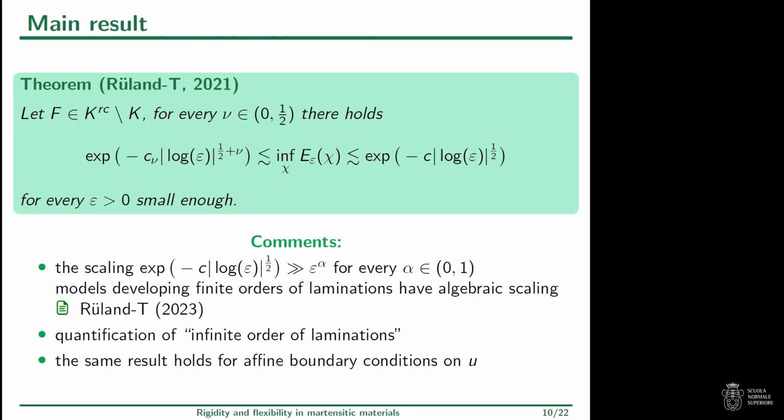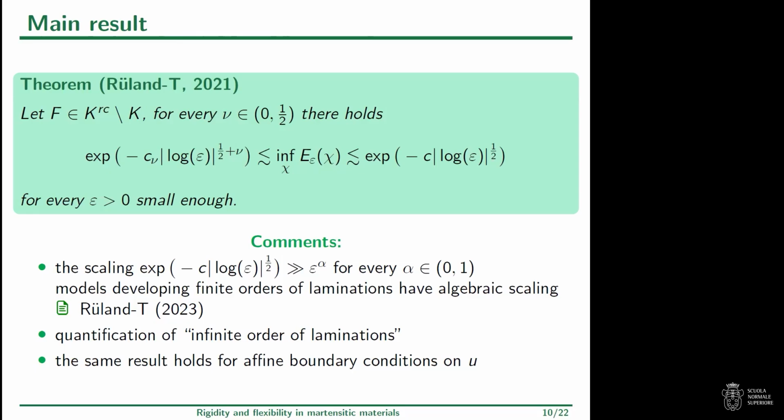If you take a boundary condition here, then your minimizing sequences are really this branching construction by Kohn-Müller. And here, if you take a boundary condition here, your energy scales like epsilon to the power 2/3. This is the result of Kohn-Müller. And this corresponds to the fact that this boundary condition here is a first order laminate of K, right? Because you obtain F by a convex combination of A and B. And you have also C.